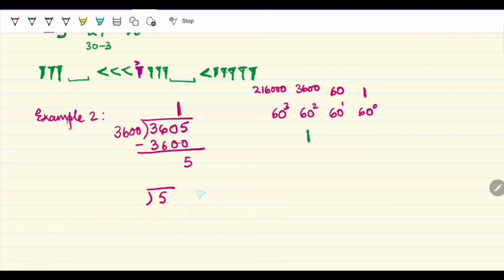So we are going to move to the next lower place value, which is a 1. 1 is less than 5, so we will be dividing the 5 by the 1. However, because we did not use the place value for 60, we did not do any division by 60, we have to write a 0 below it. We have to put a 0 aligned to the place value which was a 60.